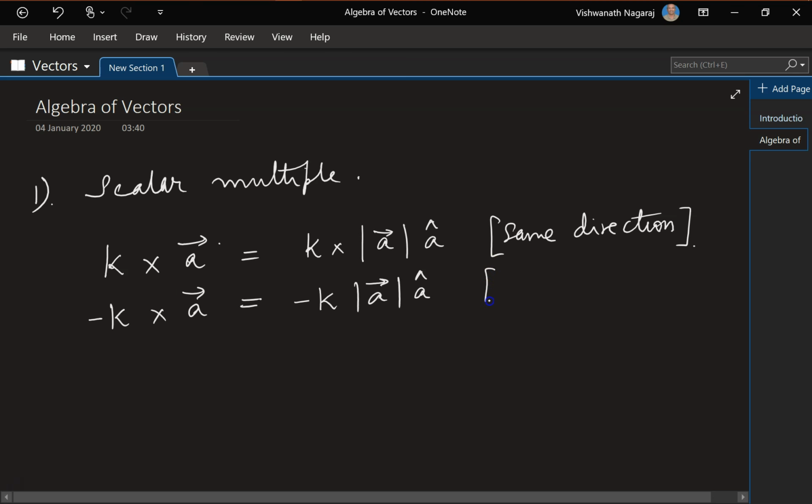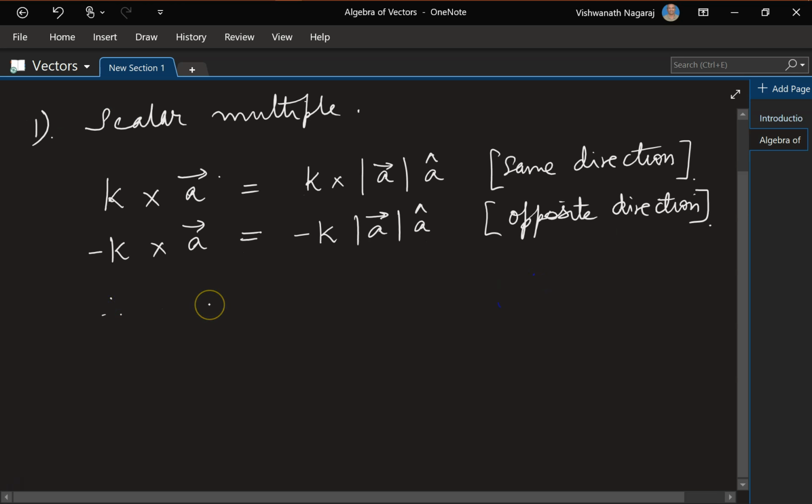So this would be the opposite direction. Therefore, if we just want to reverse the direction of a given vector, we just multiply it by minus 1. So now the vector is in the opposite direction. If we multiply with 0, we get a 0 vector. That arrow still is required on top of 0.